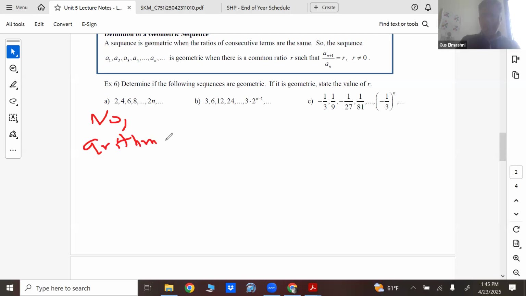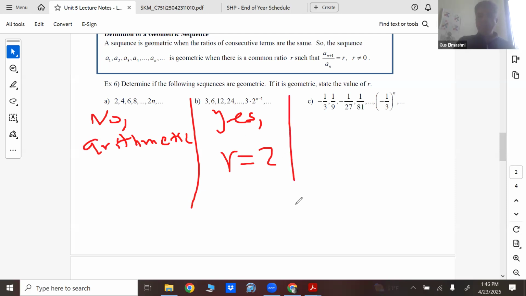How about part B? Which was 2. And r is 2. So you can see how these are exponential in nature, the geometric. What about for C? What was r equal to? Good. Perfect.